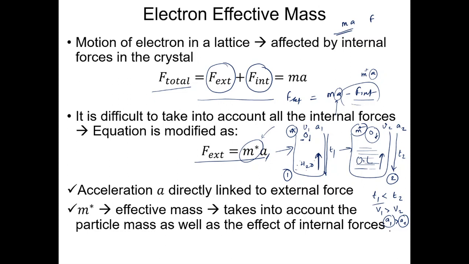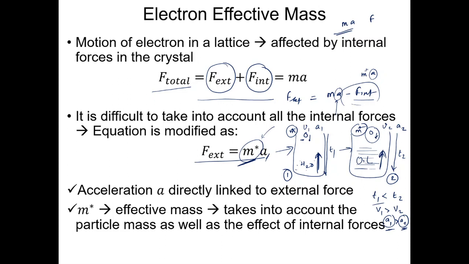So rather than worrying about the acceleration being different, or the internal force inside these two systems, we take another parameter, the effective mass, which will account for the change in the behavior or the dynamics as the particle moves inside a given system.